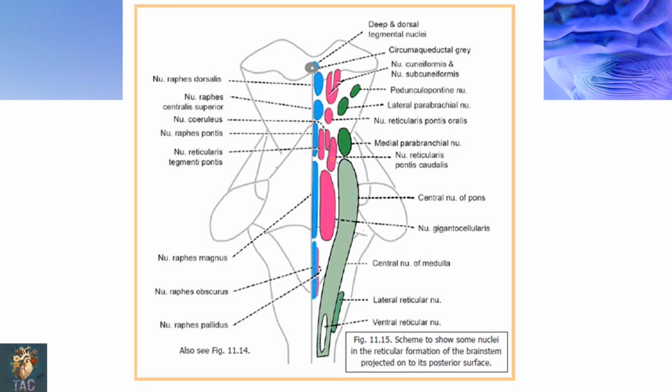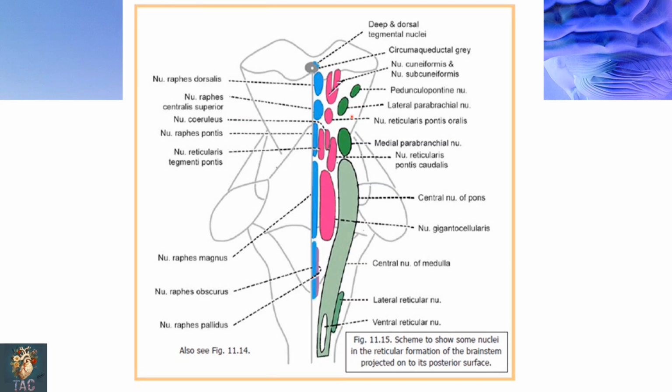So these are the different nuclear reticular groups, and at the level of the midbrain you can see the nucleus cuneiformis and nucleus subcuneiformis. So this medial group starts from the upper part of the medulla till the level of the midbrain, and the median group is present in the form of the nucleus raphe throughout the brainstem.